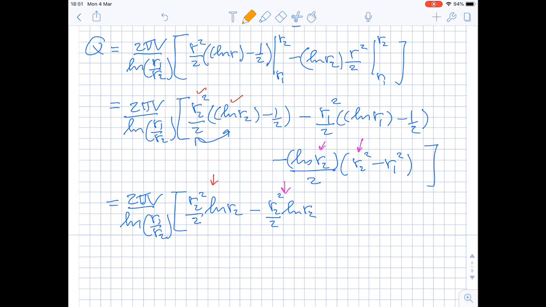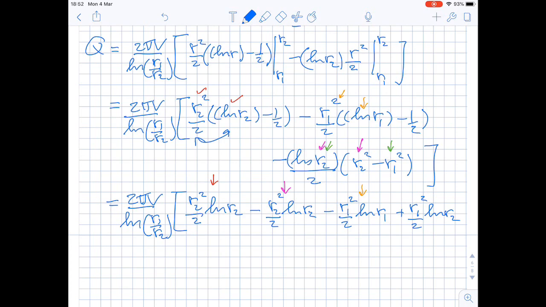And then this term and that term together get minus r1 squared over 2 ln r1, and this term multiplied by this term you get plus r1 squared over 2 ln r2.